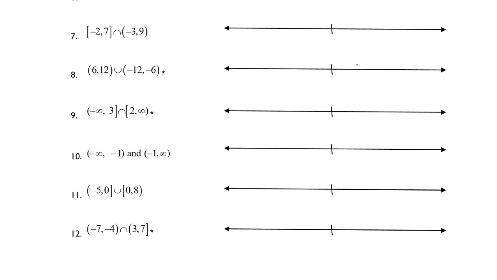I'm going to have an interval from 6 to 12, and also an interval from negative 12 to negative 6. So my first interval I'll highlight in yellow. My second interval I will highlight in blue. This is a union, so I actually can't change this at all.